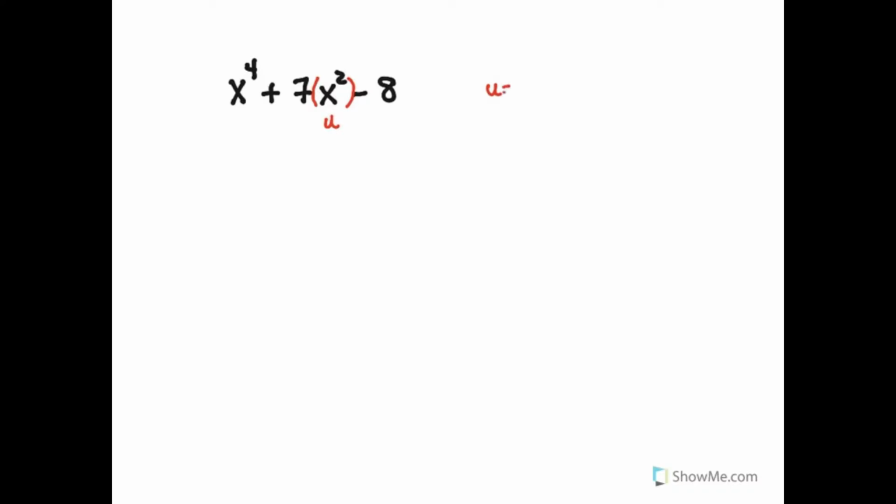Well, let's try it. If u is x squared, how much is u squared? Well, it's x squared squared, so it's x to the fourth. And hey, that is what we have in the beginning. It's u squared. And so when I rewrite that in terms of u, it says u squared plus 7u minus 8. And I can factor that.